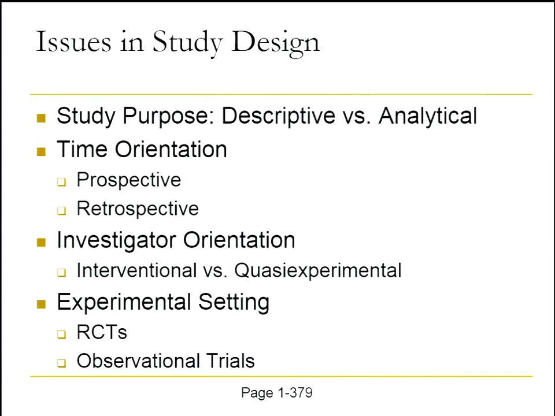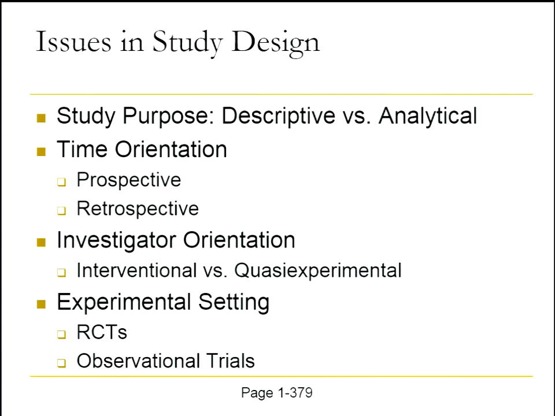We'll talk about investigator orientation, and I've listed a couple of examples here. Interventional trials are the classic randomized controlled trial, or a quasi-experimental type design, which is an up-and-coming type of study design in the social and administrative sciences, which may not be fully randomized like a randomized controlled trial.